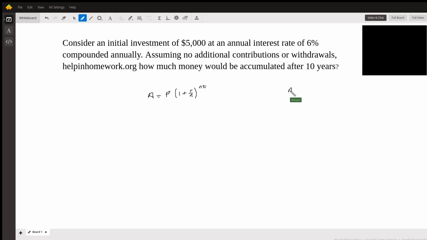So A is the ending amount. P is called the principal, which is the starting amount. R is the interest rate.